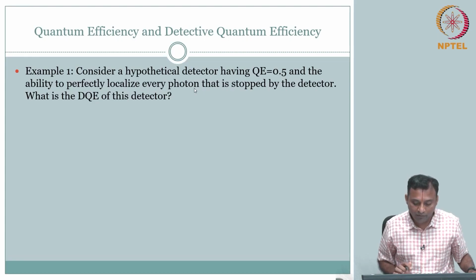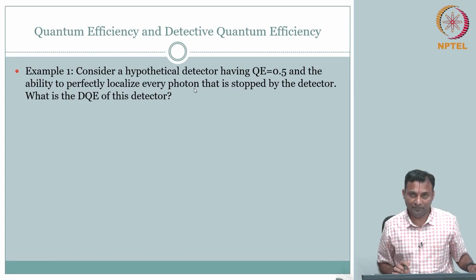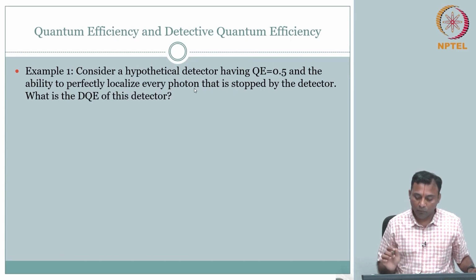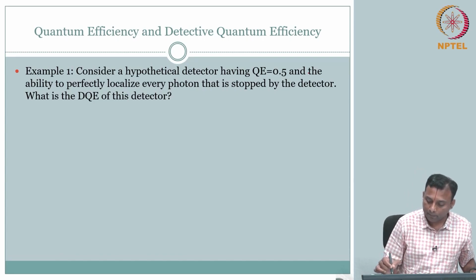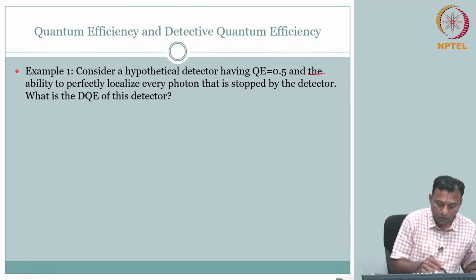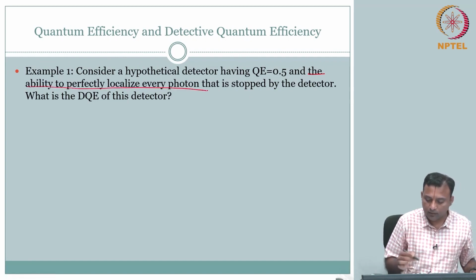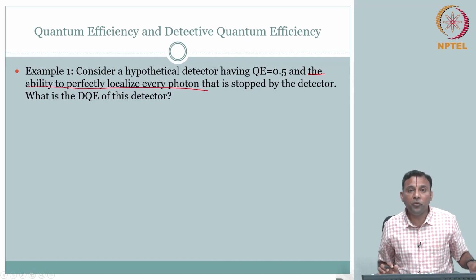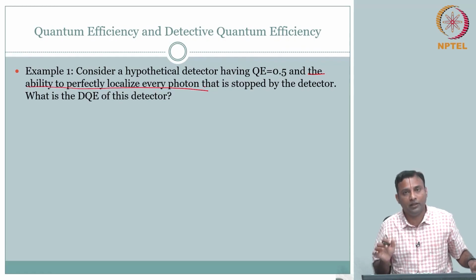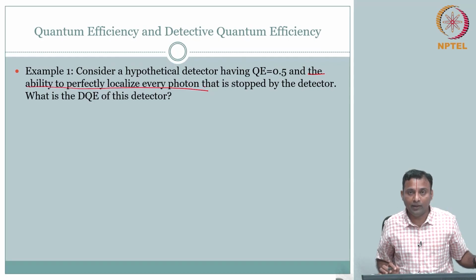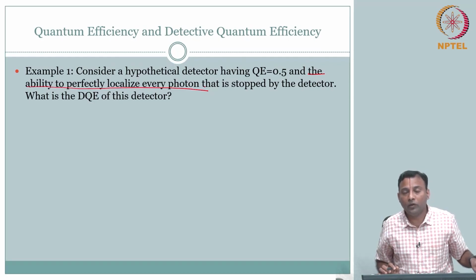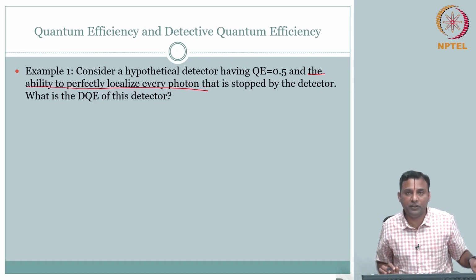So what do we have here? QE is 0.5, that is given, but more importantly, look at this. What does QE represent? It represents the ability of the detector to stop photons. But the ability to stop alone is not sufficient.